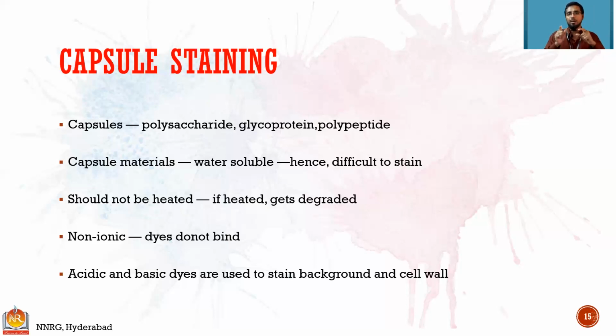When I put the magnet close to the iron nail, the nail also behaves like a magnet. Similarly, the capsule is non-ionic and has no charges, either plus or minus. When a positive or negative charge is around the capsule, it also starts behaving like a polar one. For that reason, acidic or basic dyes are used to stain the background and cell wall.